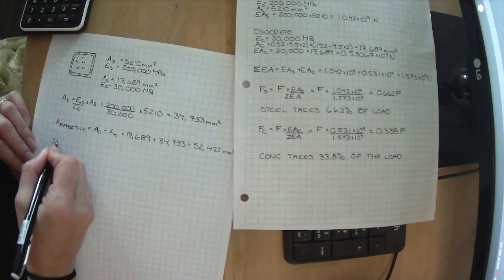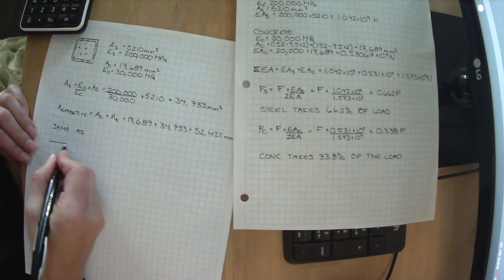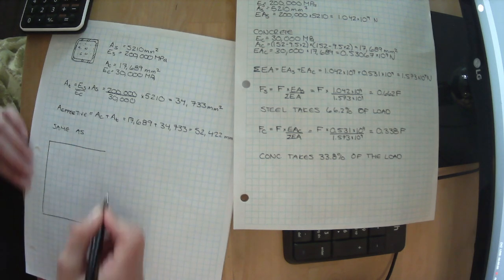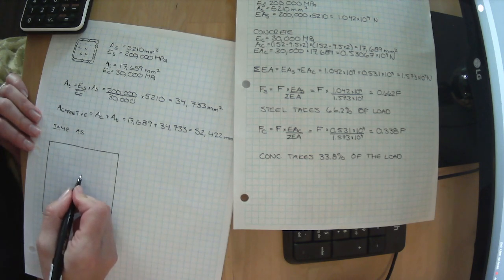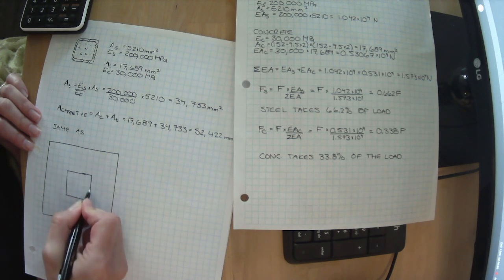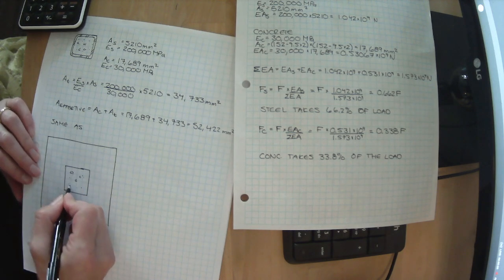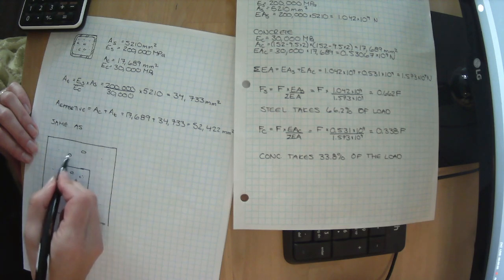is the same as, I've probably drawn this too big, but it is the same as, this is our original bit of concrete, and then this is our transformed steel section.